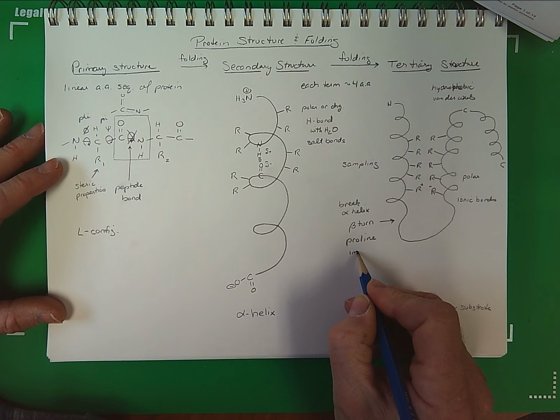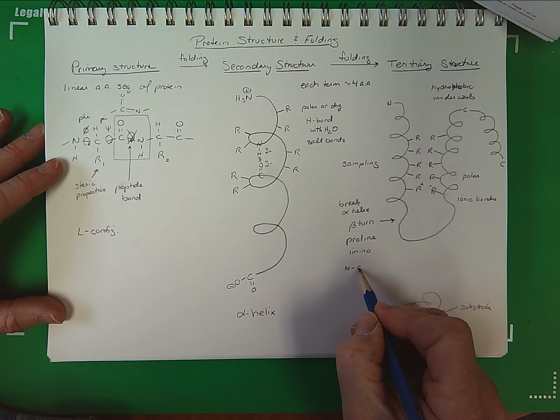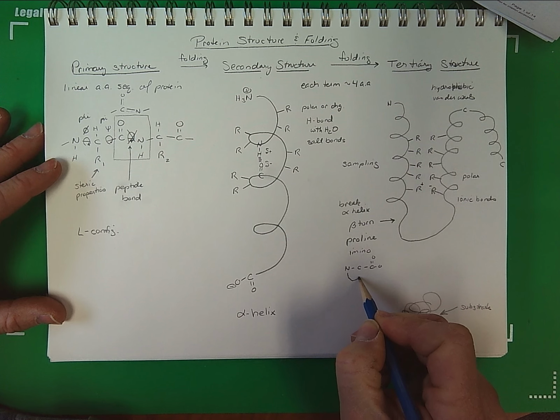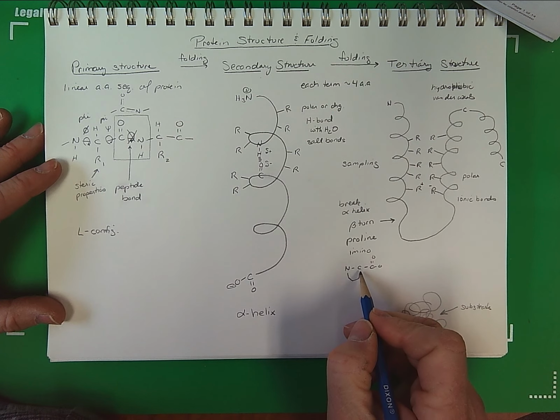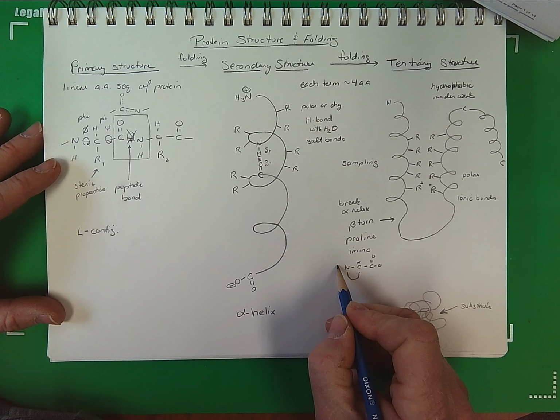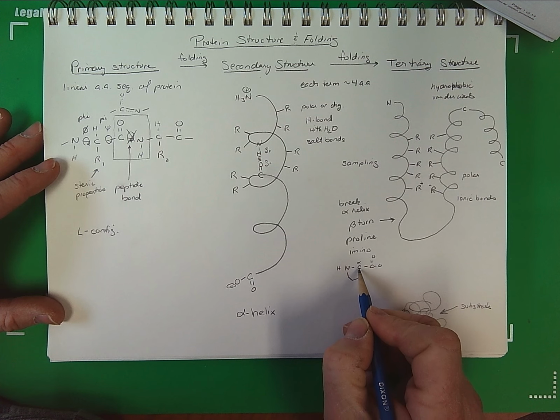Proline is an amino acid in which the alpha carbon and the nitrogen are connected by a ring structure.